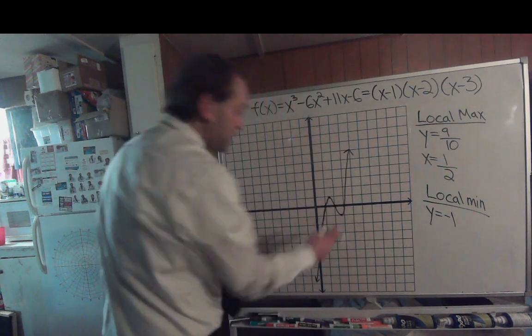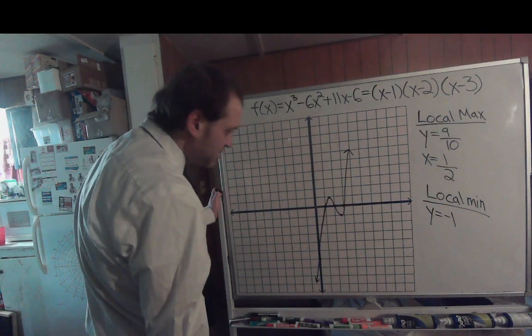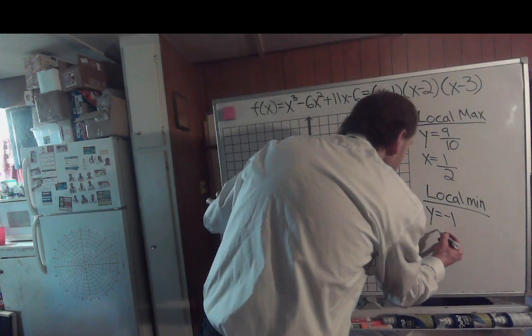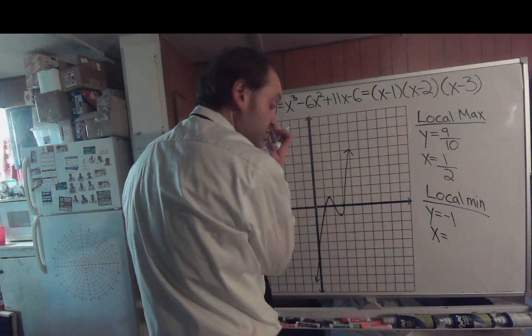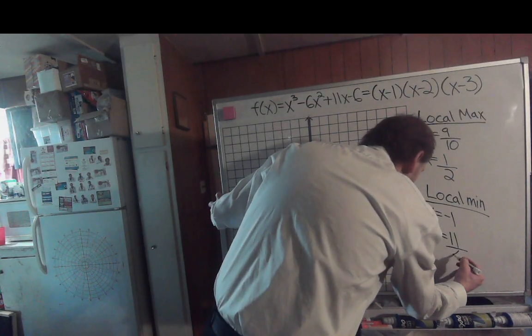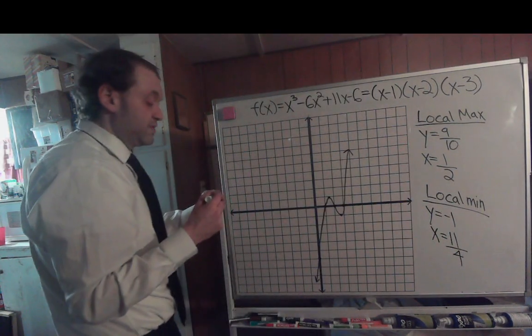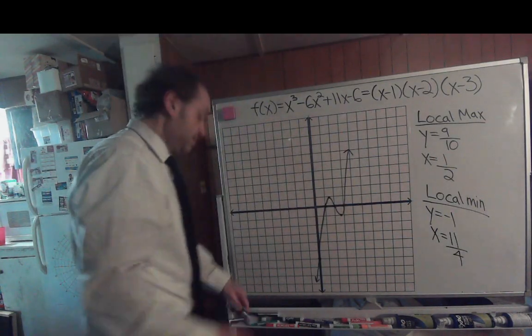Your x value would be about, I'd say about 3/4. So x would equal, actually that'd be 2 3/4. So that would be 11/4. That would produce that local min of -1. So there's the graph with your local maxes and mins.